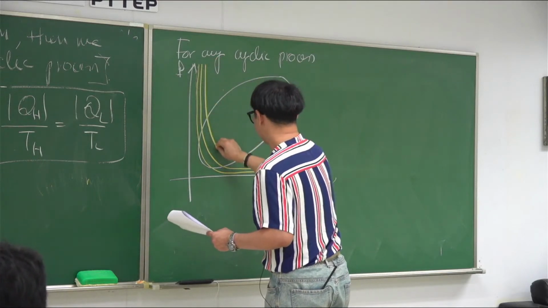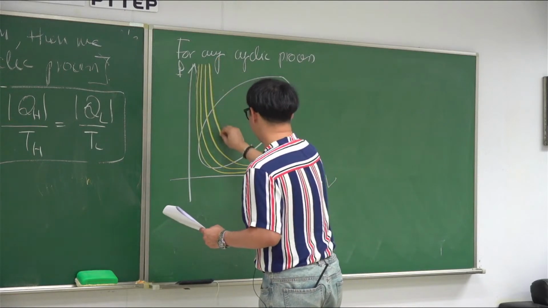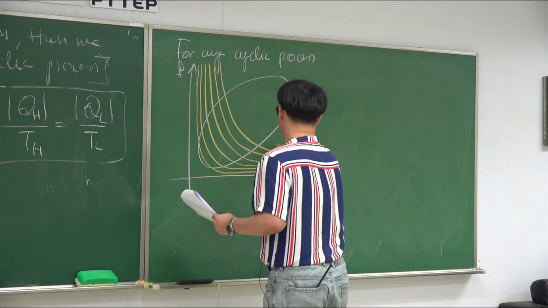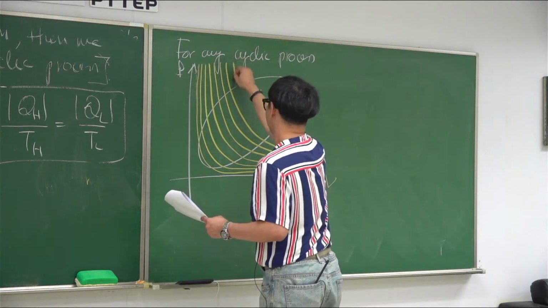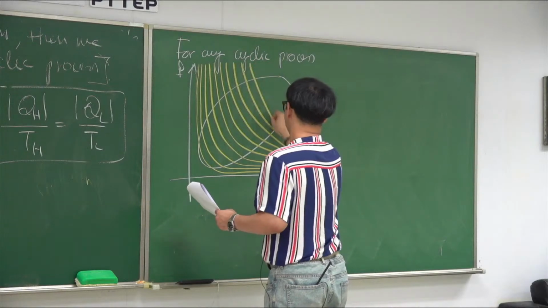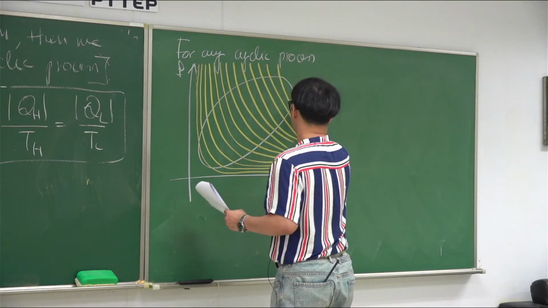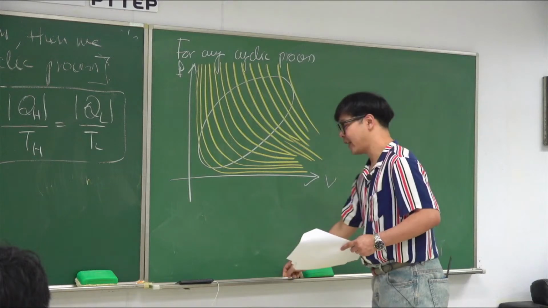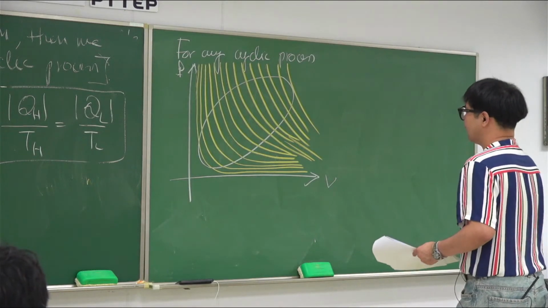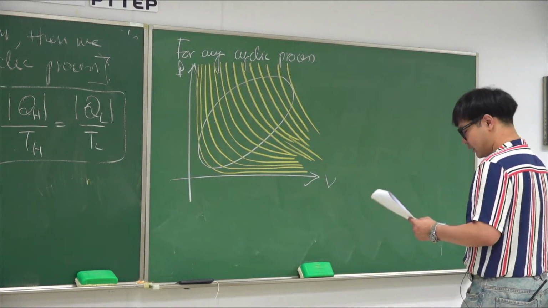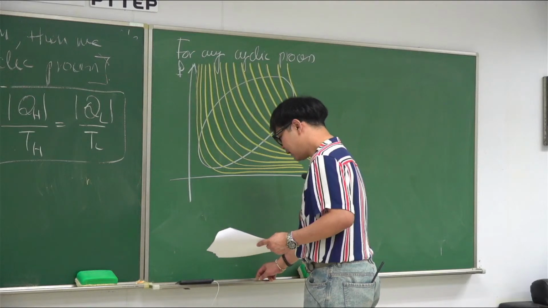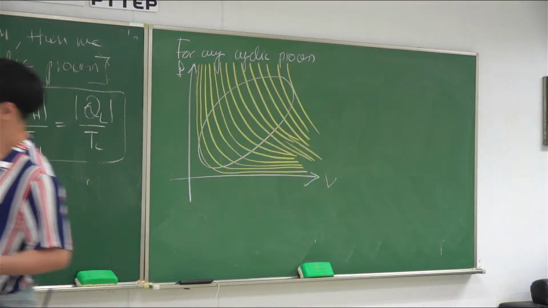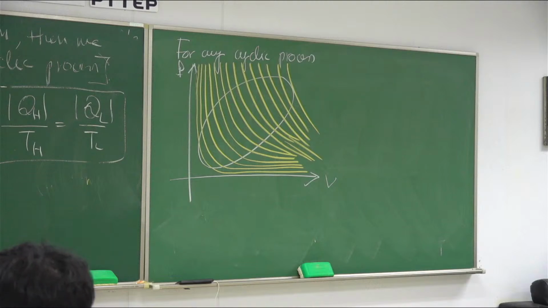I might not be good at drawing here, but I believe it makes sense. So you can do the approximation like what we did here. You need to add these two bits.